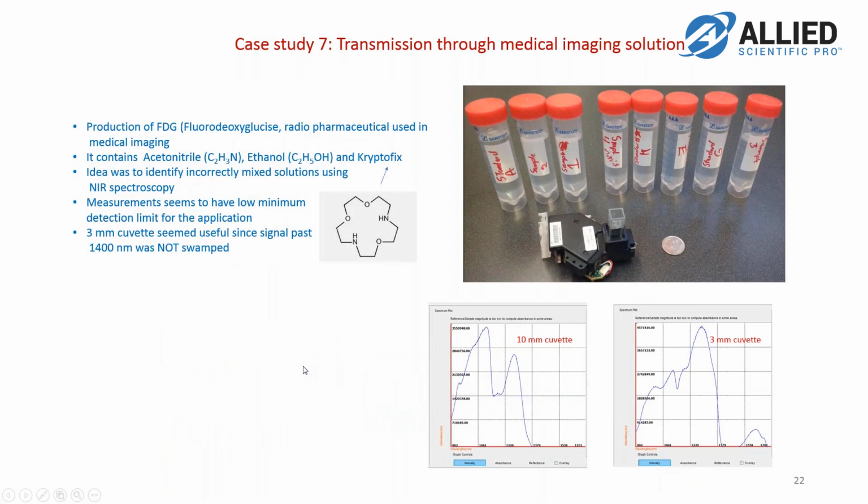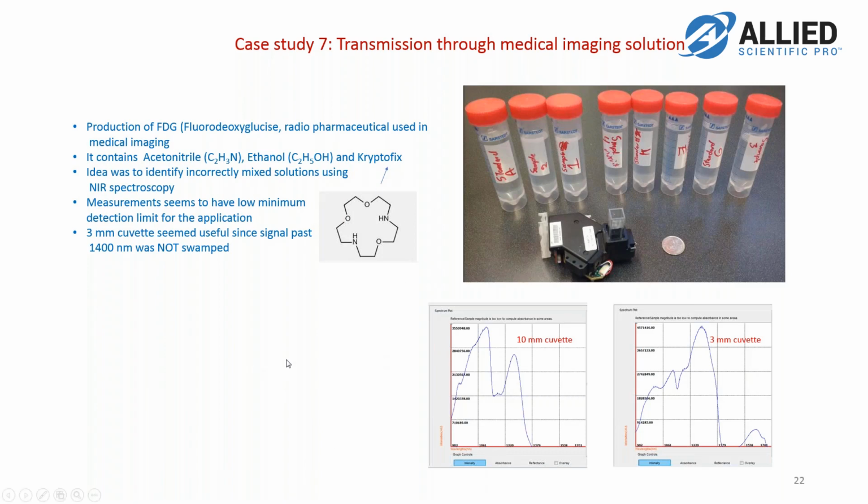Now let's move on to the transmission unit, which is used for solutions. One application we had was from a customer in California who wanted to examine production of FDG, which stands for fluorodeoxyglucose. It's a radiopharmaceutical used in medical imaging, and it contains acetonitrile, ethanol, and Kryptofix, whose formula is given here.